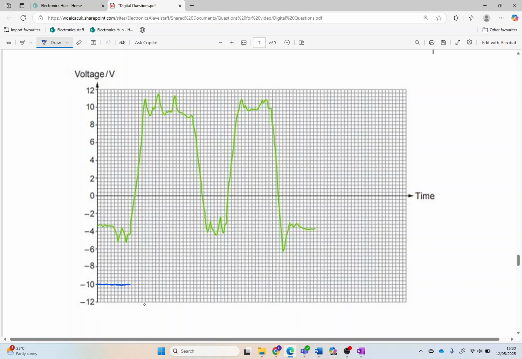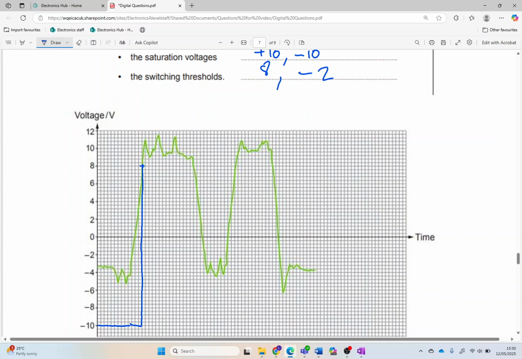Our threshold is at 8 volts, so at this point in time here, our input rises past that 8 volt upper threshold, so therefore we get plus 10 volts out, and it's not until moving across this point here that the signal goes down and crosses the minus 2 volt point.